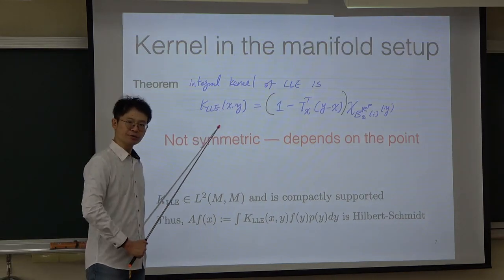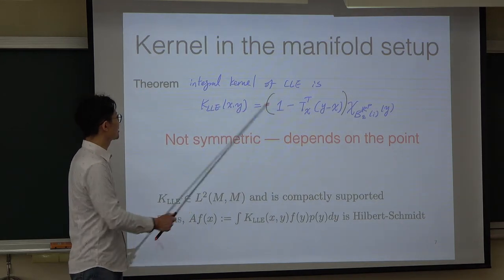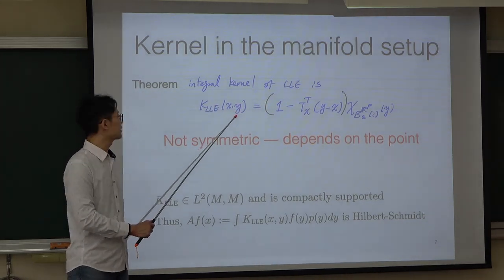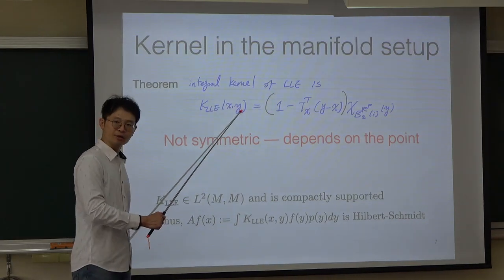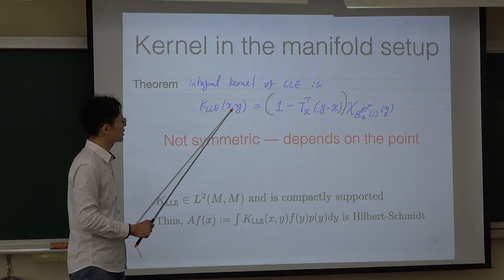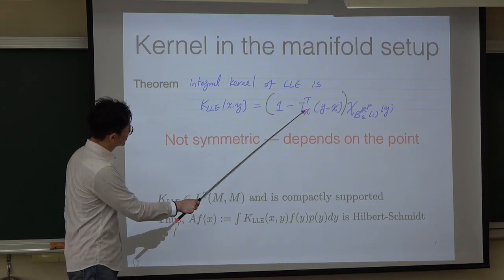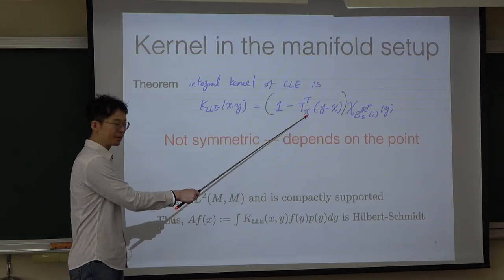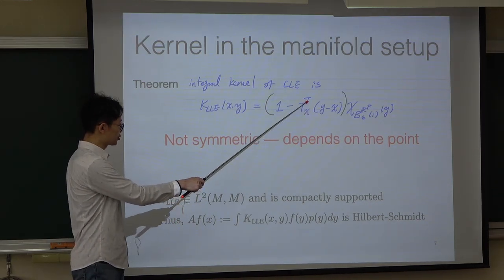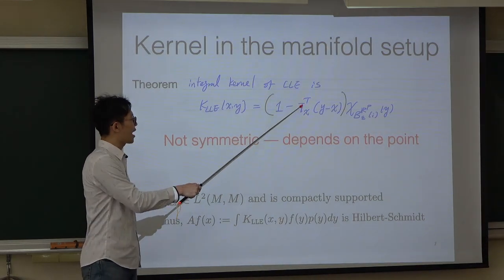If you pay attention to this, you will see first that this function is actually not symmetric. You cannot say K_LLE of (x, y) is equivalent to K_LLE of (y, x). Why not? Because there is a T_x transpose here, and this T_x is the augmented vector at x.